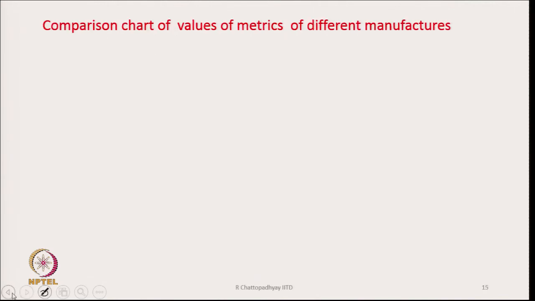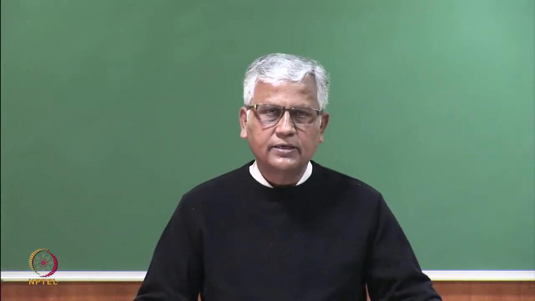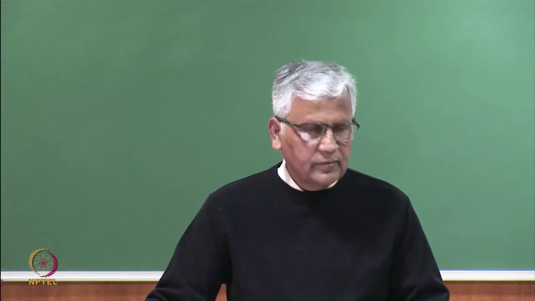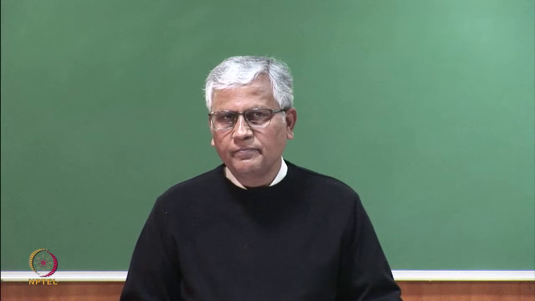What is there in this kind of discrete values? Number of faults is a discrete value, it is not a continuous value, but strength is a continuous value. Strength, extension, modulus, these are all basically continuous.